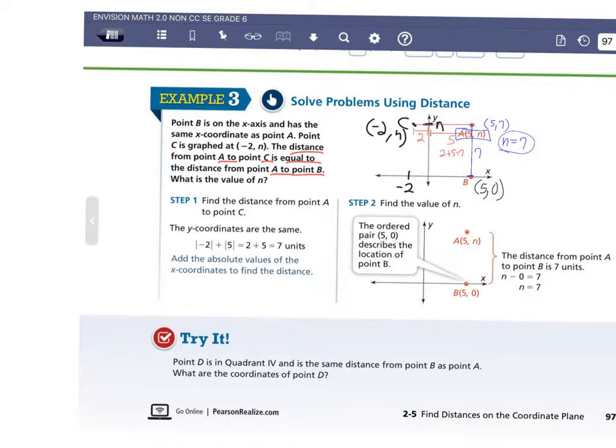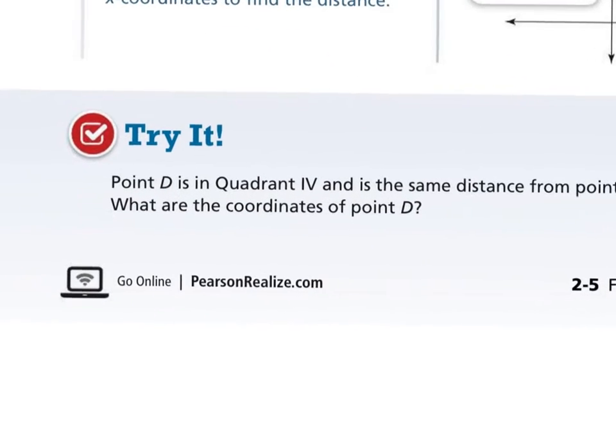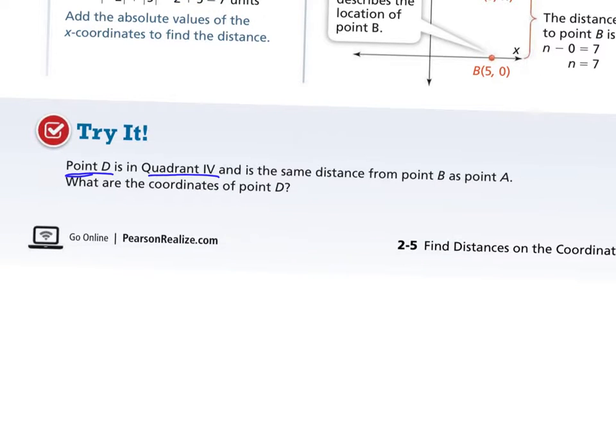And then if you look at the try it, we have point D is in quadrant 4, and it's the same distance from point B as point A. What are the coordinates of point D?